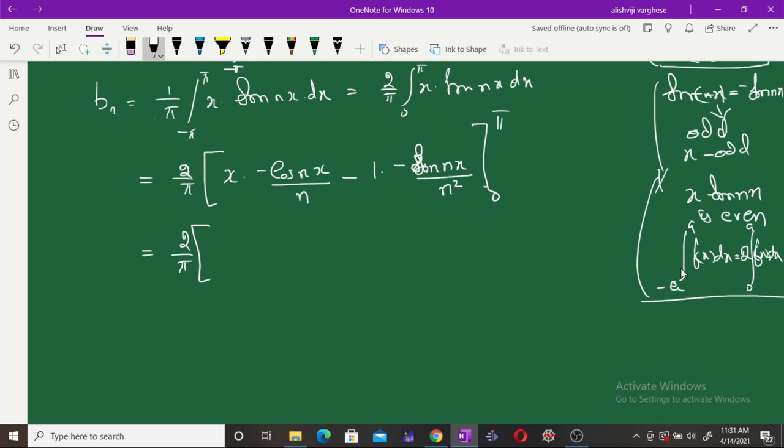Okay, you can just write this time become positive, so it can be written as sine nx by n square minus x into cos nx by n from 0 to pi, and just apply the limits.